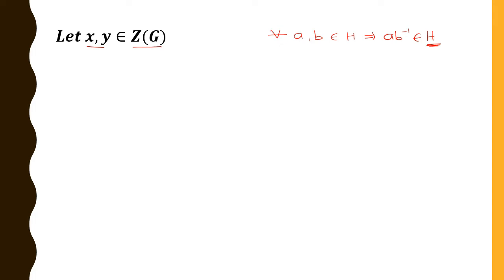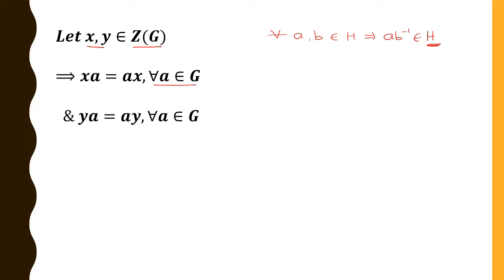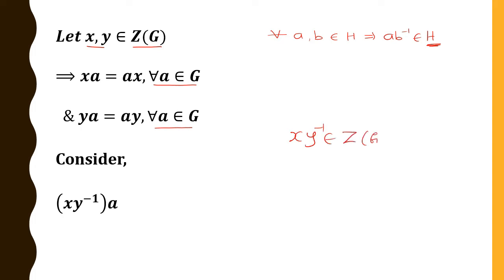Okay, if X and Y belongs to Z of G, then XA is equal to AX for all A belongs to G, and YA is equal to AY for all A belongs to G. Now let us consider XY inverse into A. To prove XY inverse belongs to Z of G, when we say an element, for example, X belongs to Z of G, it satisfies XA is equal to AX.